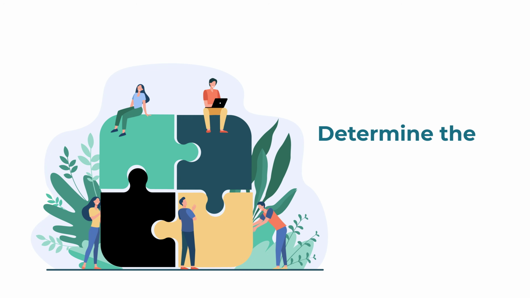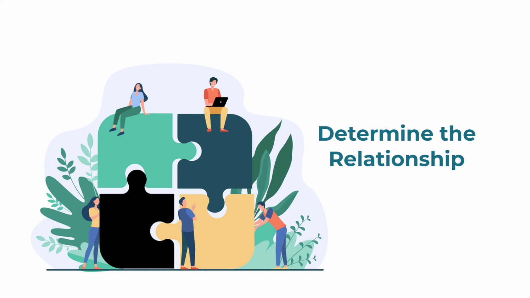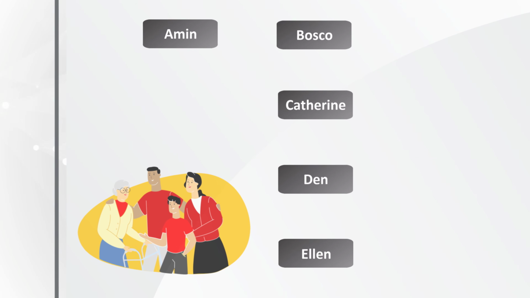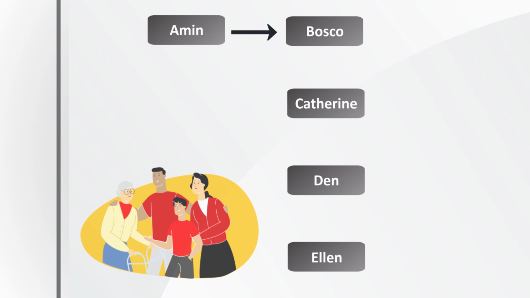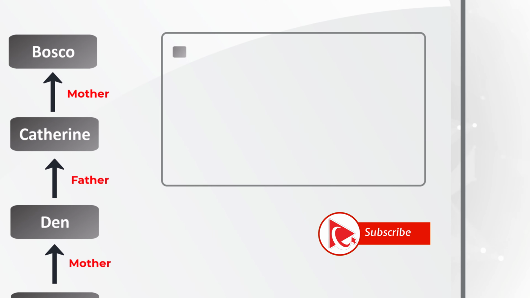The easiest way to determine this multi-generational relationship in the family is to build a diagram. Let's do it one step at a time. Amin is Baska's sister. Catherine is Baska's mother. Dan is Catherine's father. And Alan is Dan's mother. Now let's look at the conclusions we can draw from this diagram.